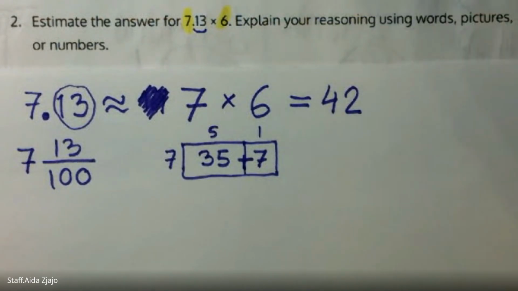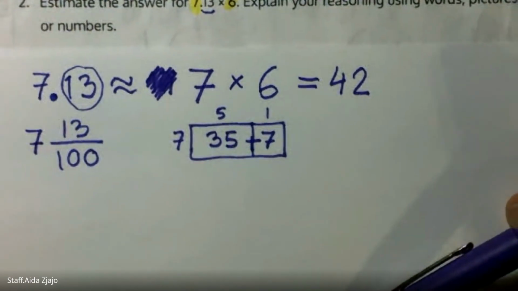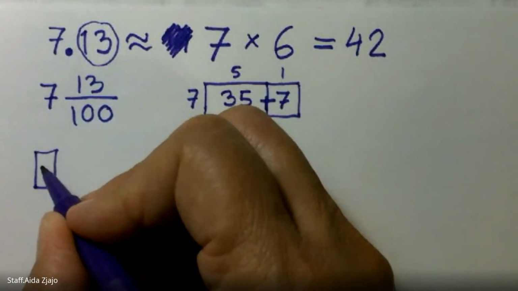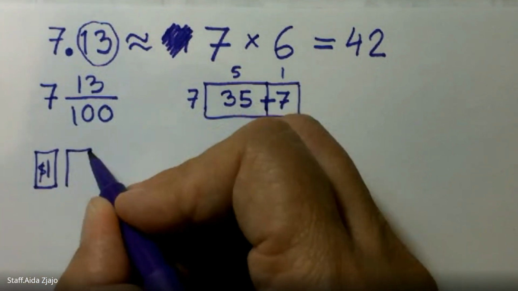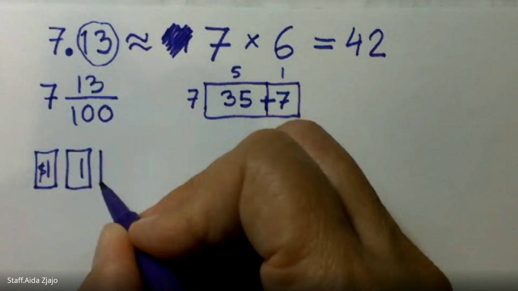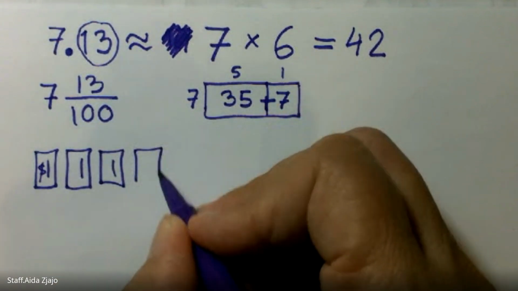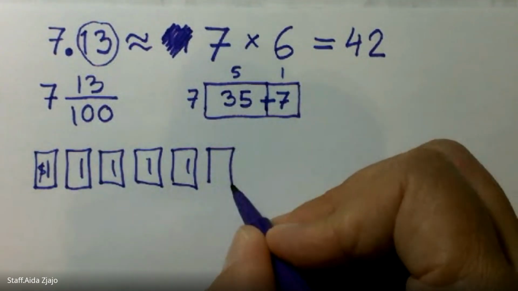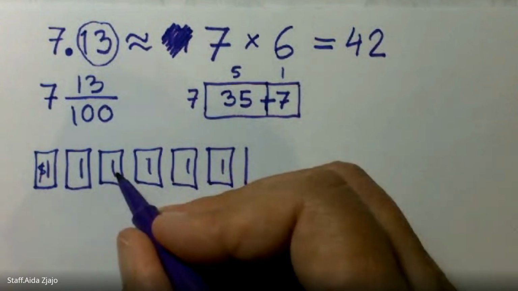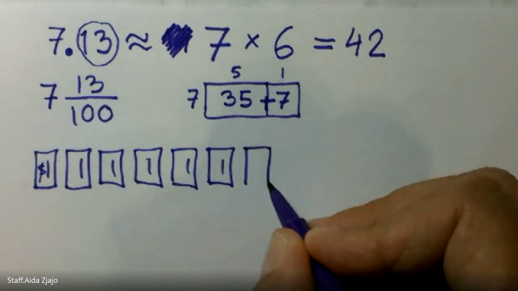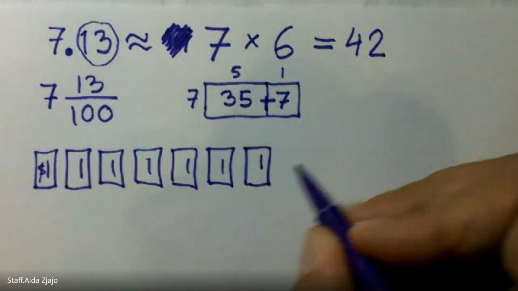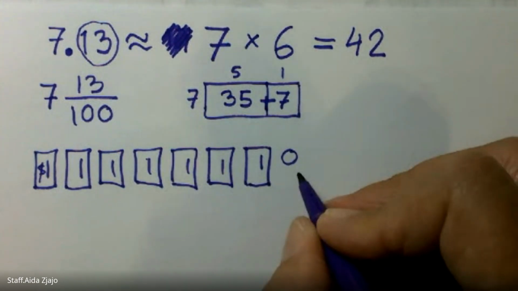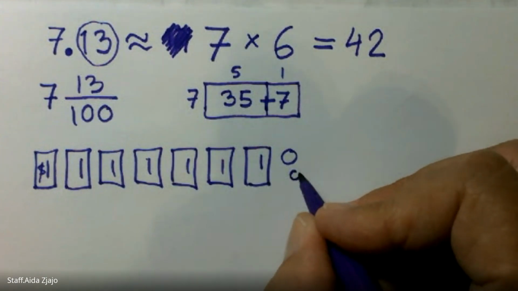Another picture, I can really think about money. So if I have here $1, $2, $3, $4, $5, $6, $7. Okay, and I have 13 cents, so that means I have a dime and I have 3 pennies.